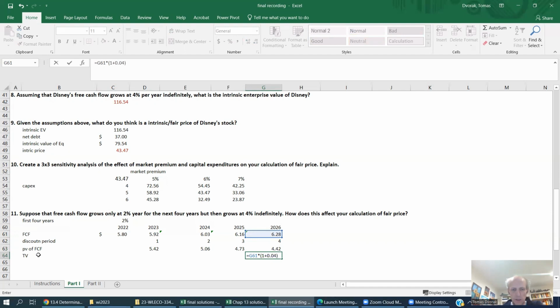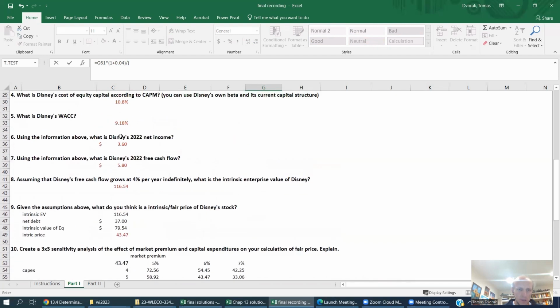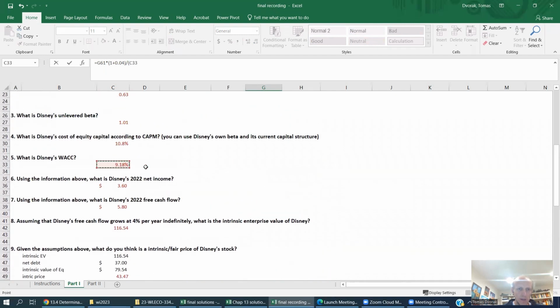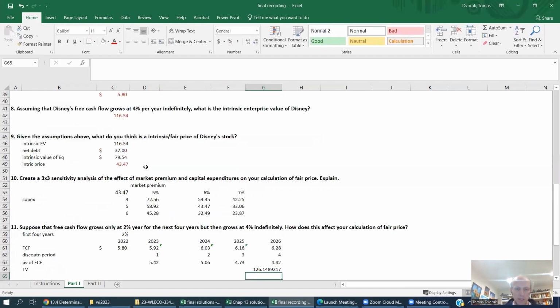Should make that a cell too, but just hard coding 0.04 for now, divided by my WACC, which is here, minus 0.04. Because after these 4 years, if Disney is still struggling, the cash flow is going to go faster, 4%. But before the first 4 years, it's going to go at 2%. So I'm going to hit enter, and that's my terminal value as of 2026.